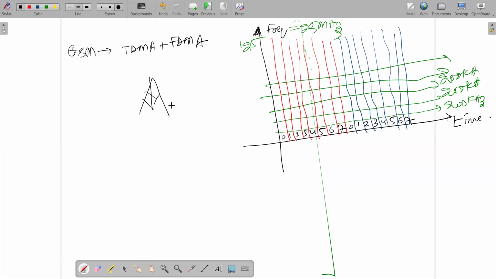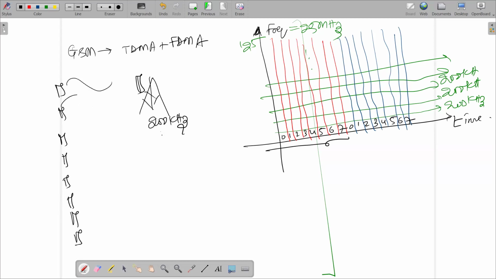Each carrier, if I say a 200 kilohertz carrier and I assign an antenna here, it supports only 8 users, 0 to 7. Only 8 users at a time can communicate.